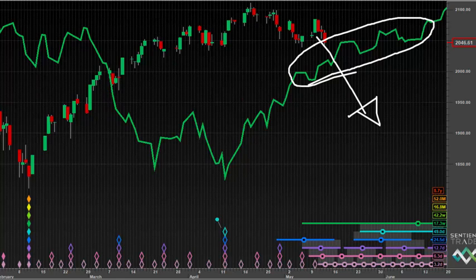Now, you must be very wary of this. A 20-week FLD, that's a lot of weeks, that's 5 months, and so you get a lot of detailed wiggling about over here. And so providing support needs to be taken with a grain of salt. Price can drop a little bit below it and then pull back to it.